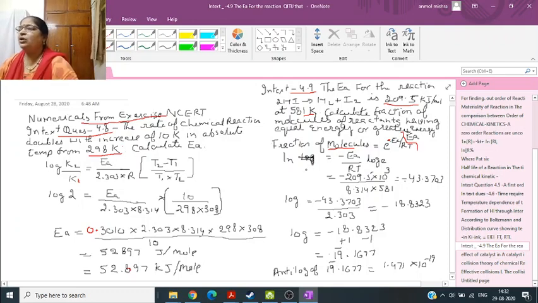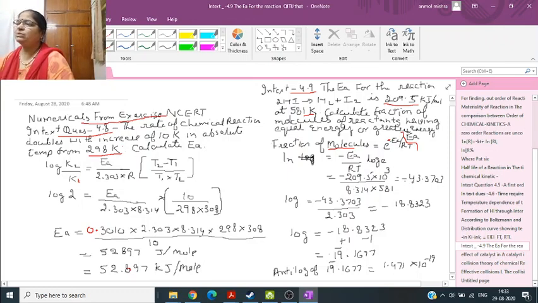So taking the log of it, ln is minus Ea by RT, and Ea you have got in the question is minus 209.5 into 10 to the power 3. It is in kilojoules, so to convert we multiply by 10 to the power 3, divided by R, 8.314 into 581.